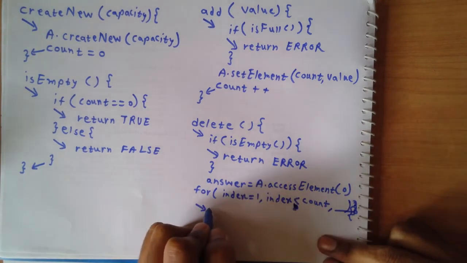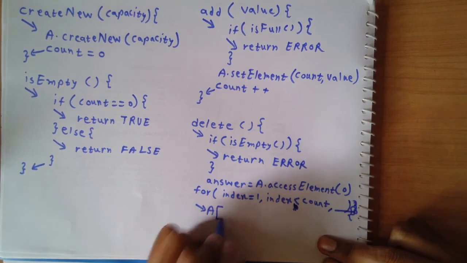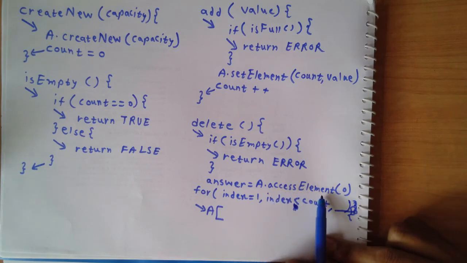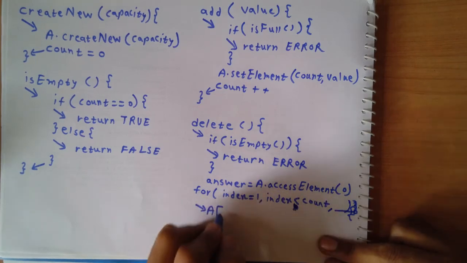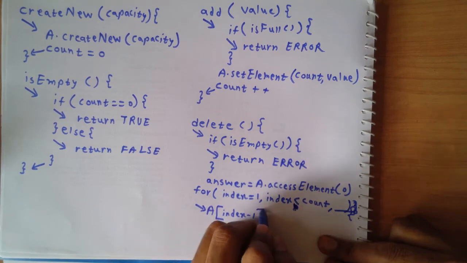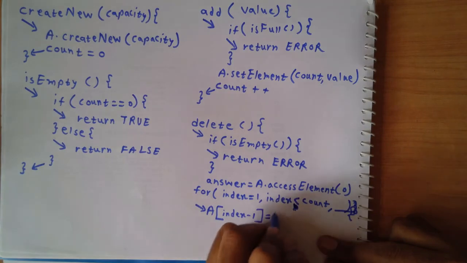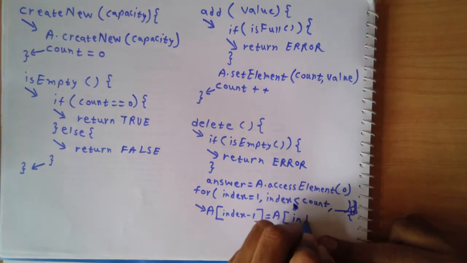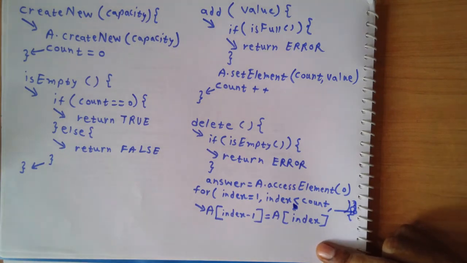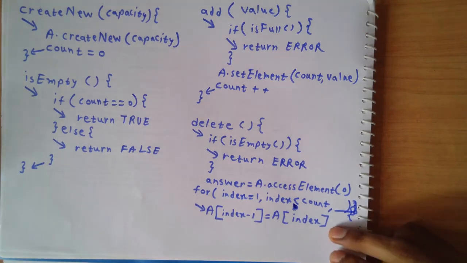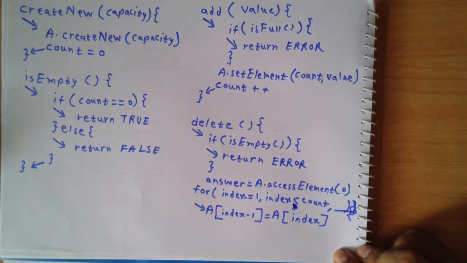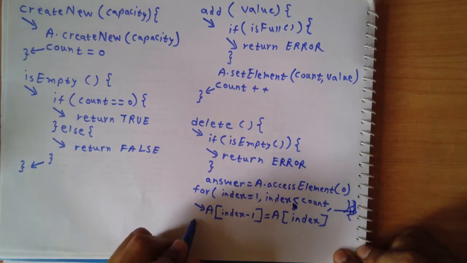So I'll use this typical array notation again from C++, instead of every time writing access element or set element: a[index - 1] should be overwritten with a[index]. So this will shift all the values from, say, slot 1 to slot 0, slot 2 to slot 1, and so on. And that's all that we need, right? All the shifting, and then we are done.